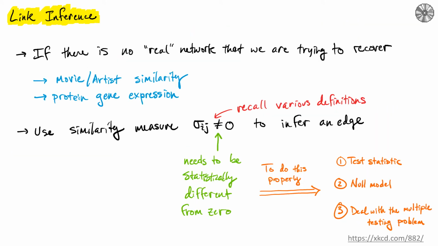So link inference is this idea that perhaps we don't have a ground truth network that we're trying to recover, but that there could be some element of adding, suggesting, or recommending edges that makes sense in this context. You could imagine that if there is a network that represents movie similarity or perhaps music artist similarity, Spotify or some other music service would use that to recommend a new artist to you, based on this graph, which is composed of everyone's listening patterns.